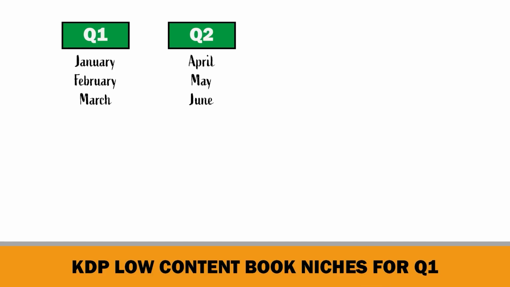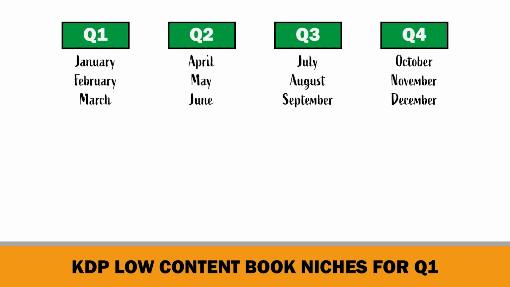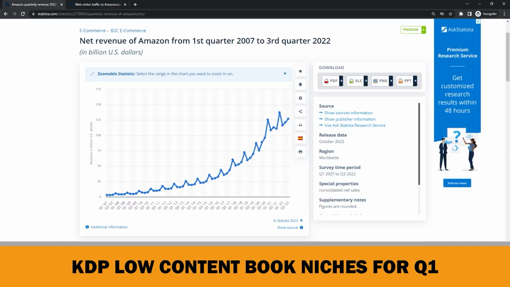A quarter refers to 1/4 of a year, and quarter 1 corresponds to January, February, and March of the year. First of all, I want to show you 2 different graphics to let you better understand the seasonality of Amazon. If you check the first graphic of Amazon's net revenues, you see that Q1s always have the lowest revenue of the year.